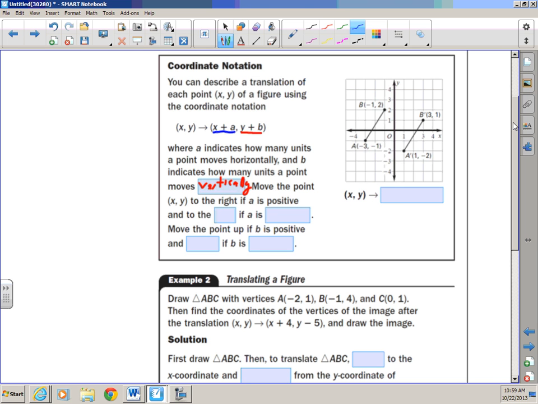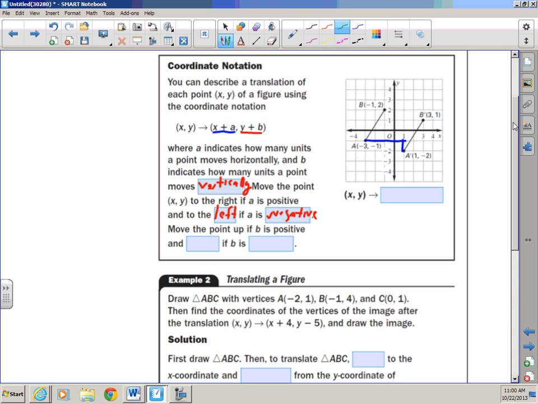In the example on the right, I took the original point for x and y, and you can see I moved 1, 2, 3, 4 units to the right and 1 unit down. Now, move the point to the right if A is positive, and to the left if A is negative.